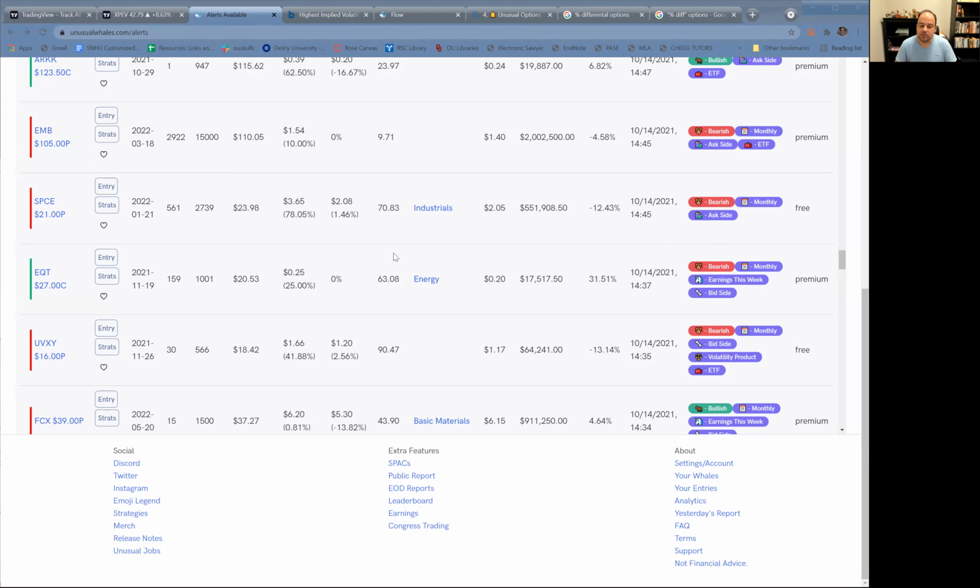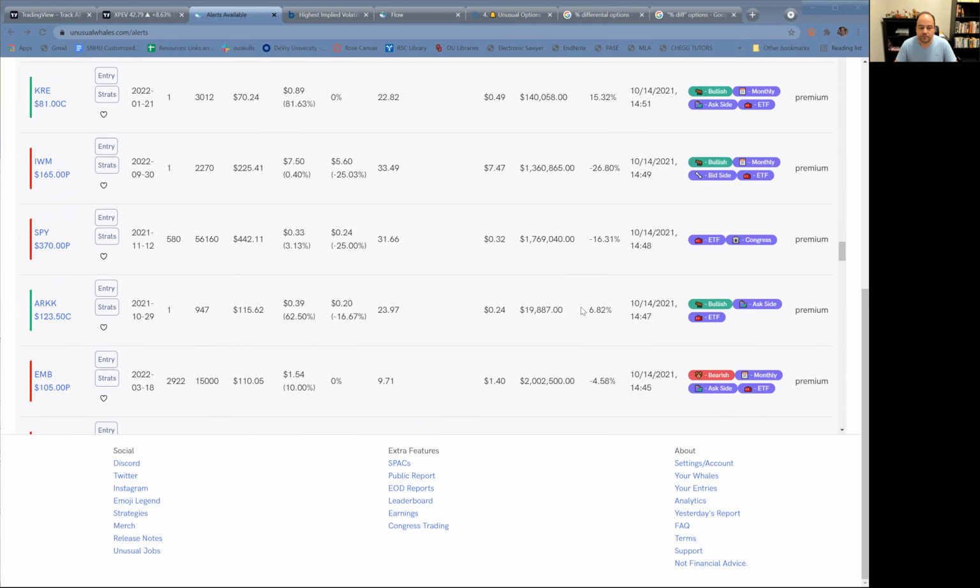And so the person who did this is actually selling this call, and they're not looking for the underlying price to go up. So if you were to buy it, you might end up on the right side. Like here, you see it did go up a bit, but this is an alert I would stay away from for a number of reasons. And the first being that it is on the bid side. So I look at the ask side first.